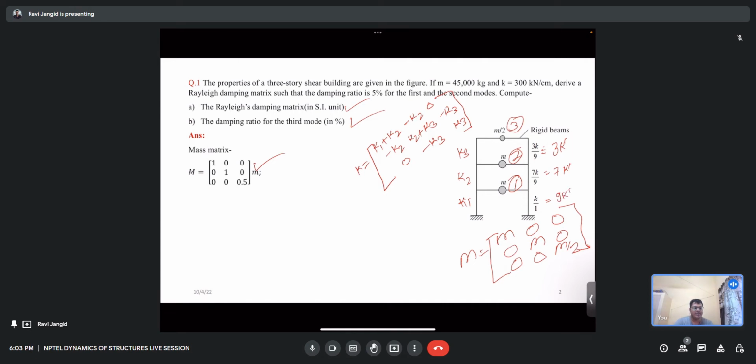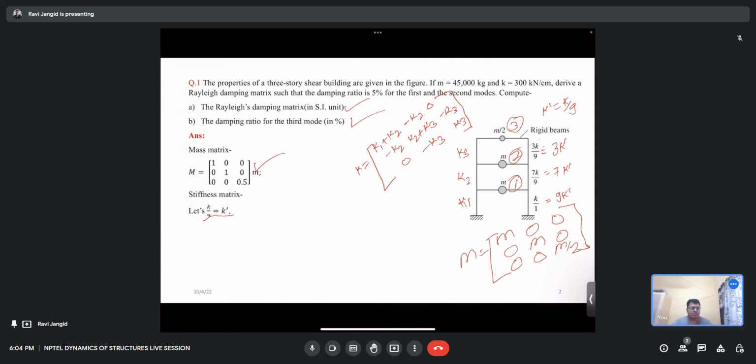If I write k by 9 as k dash, that is k dash equal to k by 9, I simplify these terms, which will help us to solve the equation. So I write k by 9 as k dash. So that is 3k dash, 7k dash, 9k dash.